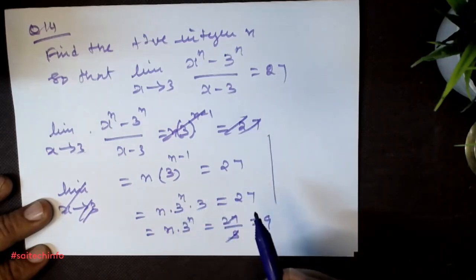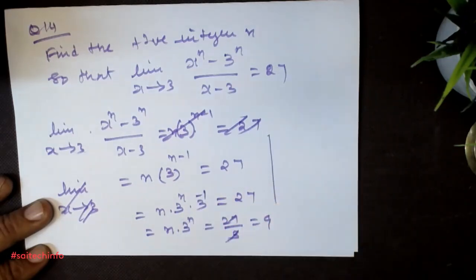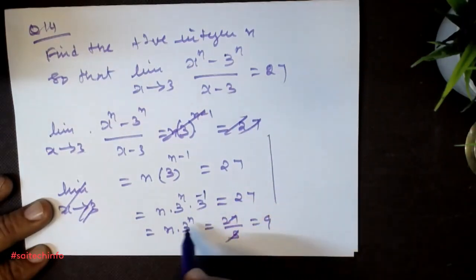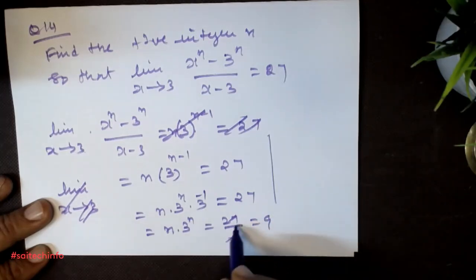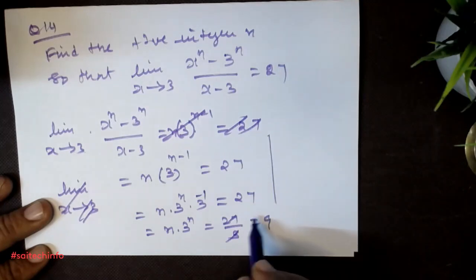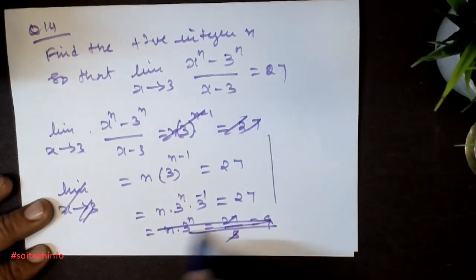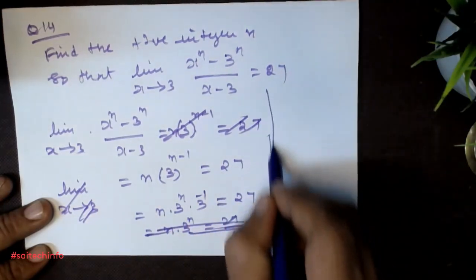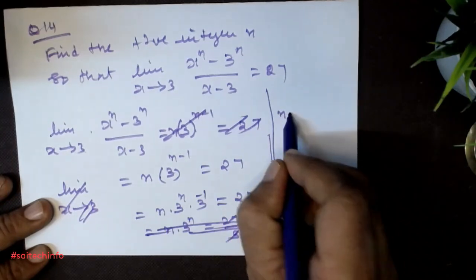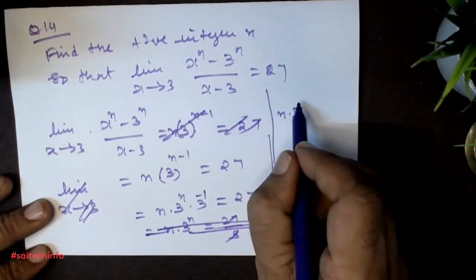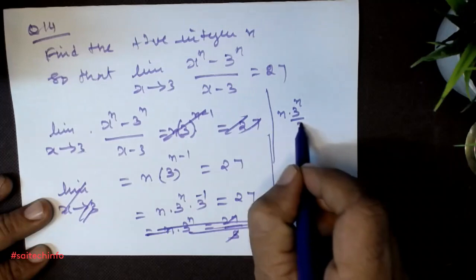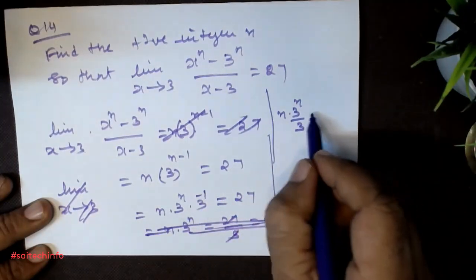Correct. So power minus means, in that case it is into, is it not? Okay. So n into 3 power n divided by 3. Is it not? 3 power minus 1 is 3.